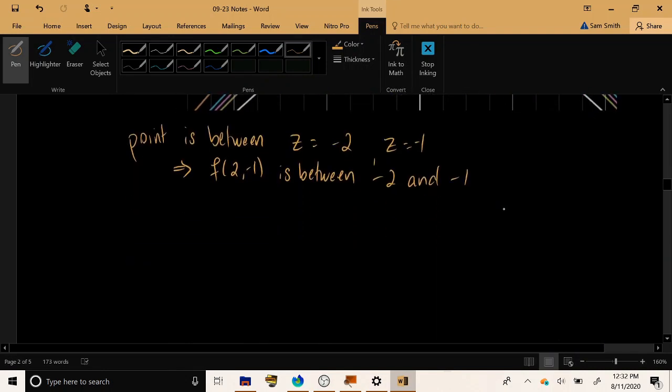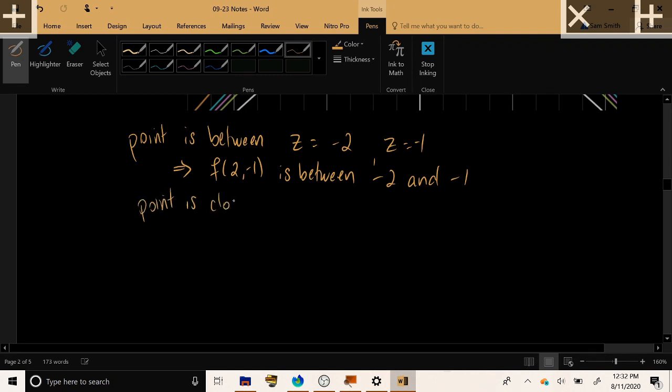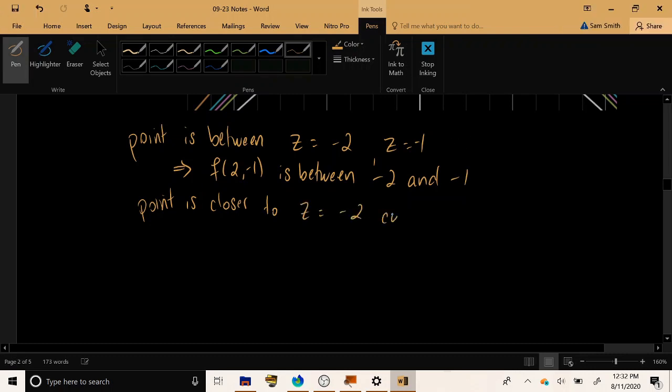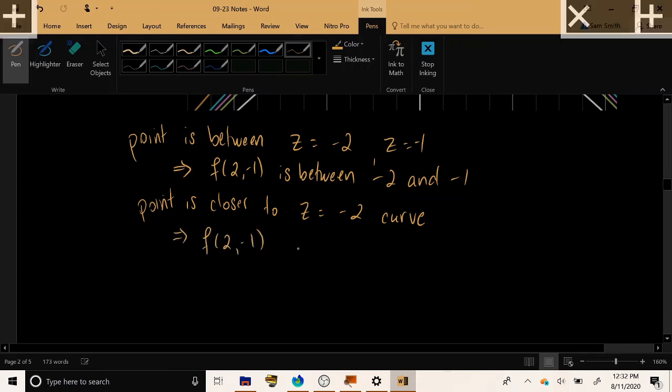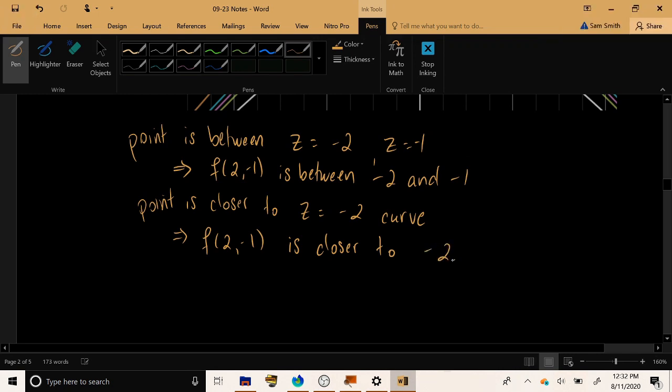So let's jot that down as well. Point is closer to the z equals negative 2 curve. So that implies that the output is closer to negative 2, that associated output.